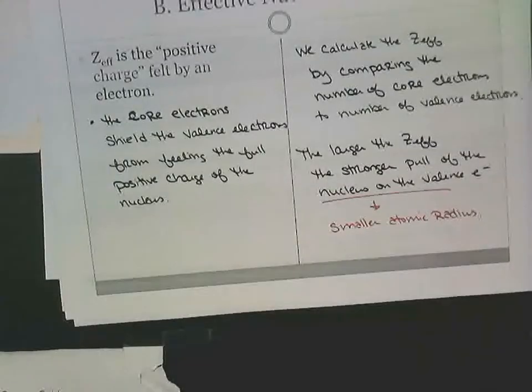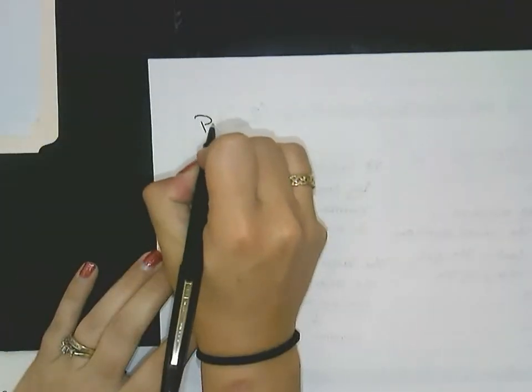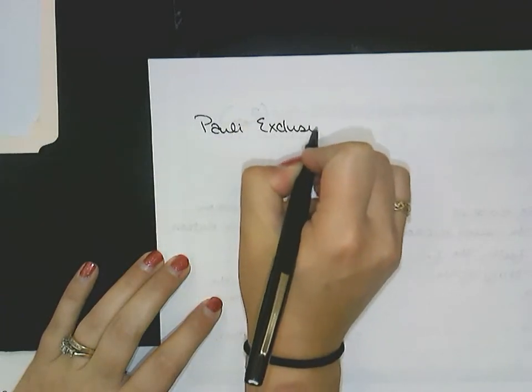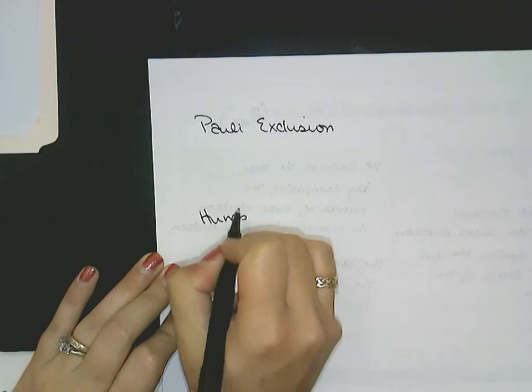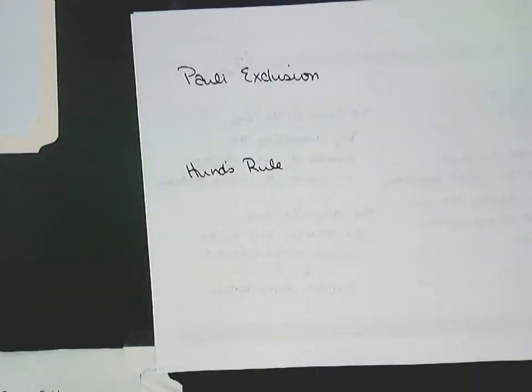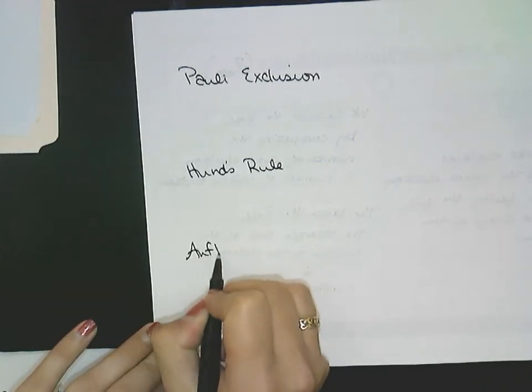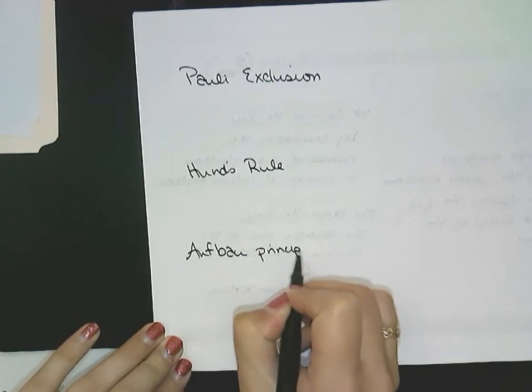On the homework, isn't the subject the Pauli principle, Hund's rule and the Aufbau principle? All right, so let's look at it. I have to look back at my notes. All right, so those are the three that are related in a lot of ways.